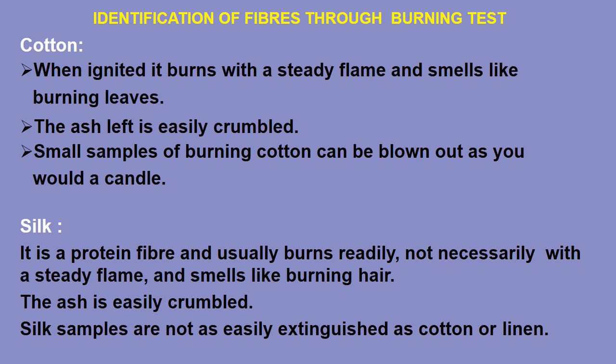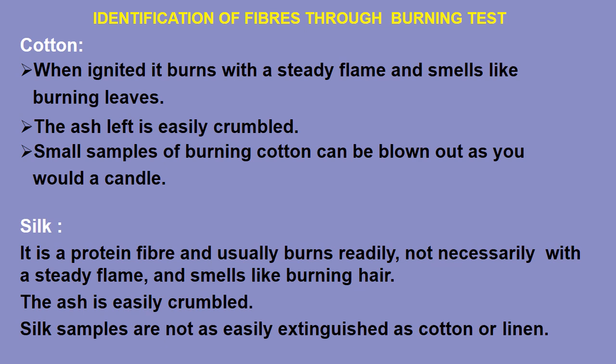So when we burn dry leaves, the cotton burning will be like that. The ash left is easily crumbled. Small samples of burning cotton can be blown out as you would a candle. That is, when a small sample is burning, we can easily stop it by blowing air.